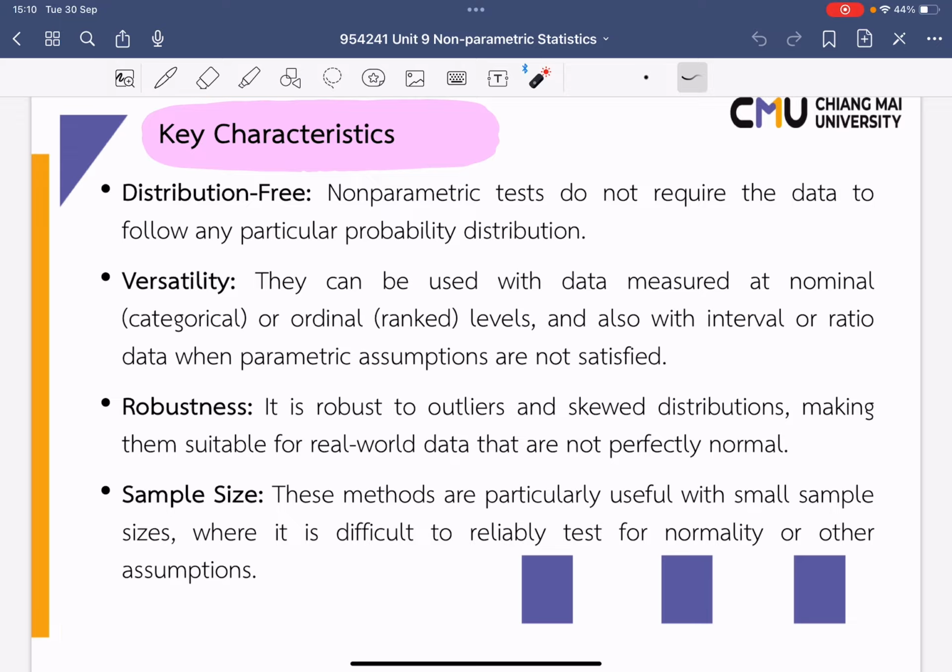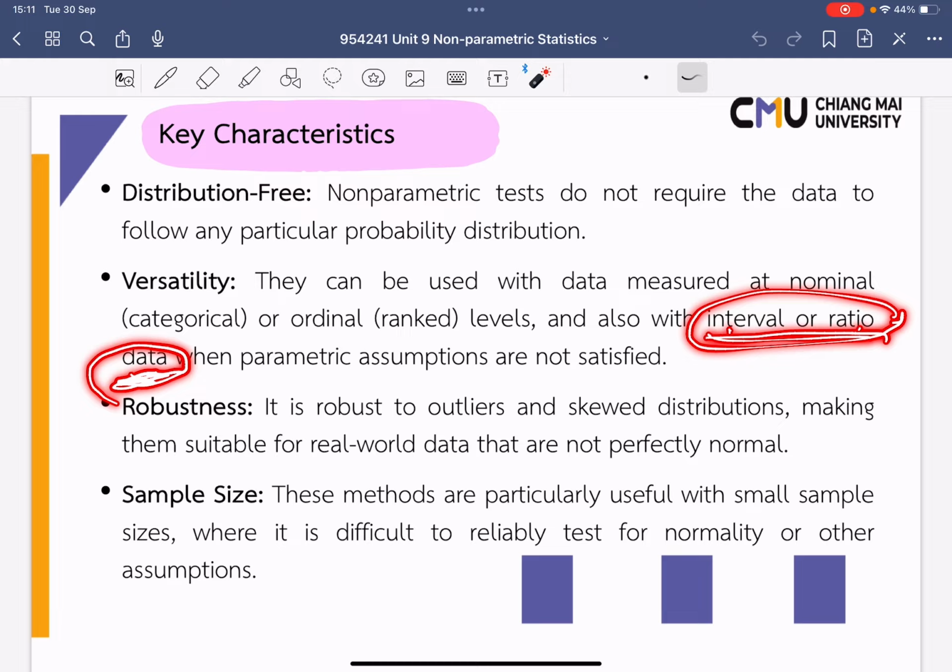And also with interval or ratio data, when the parametric assumptions are not satisfied. If we have this type of data, interval or ratio, usually we do parametric tests because they are numbers.